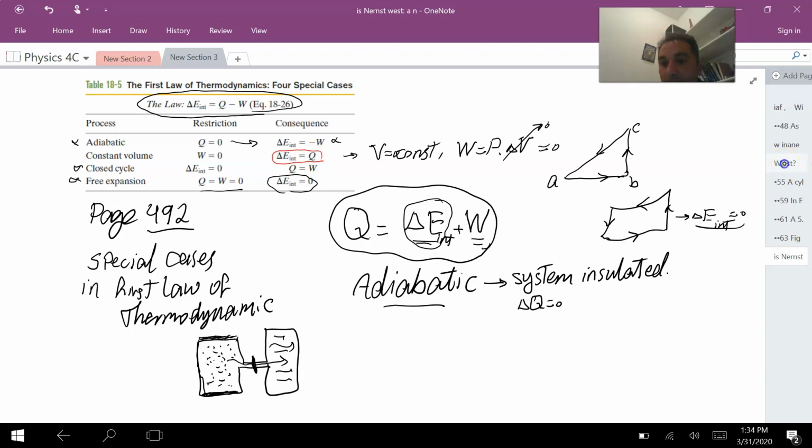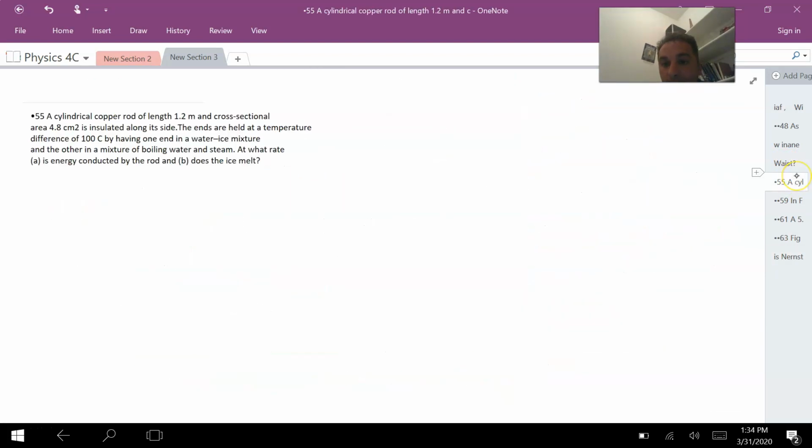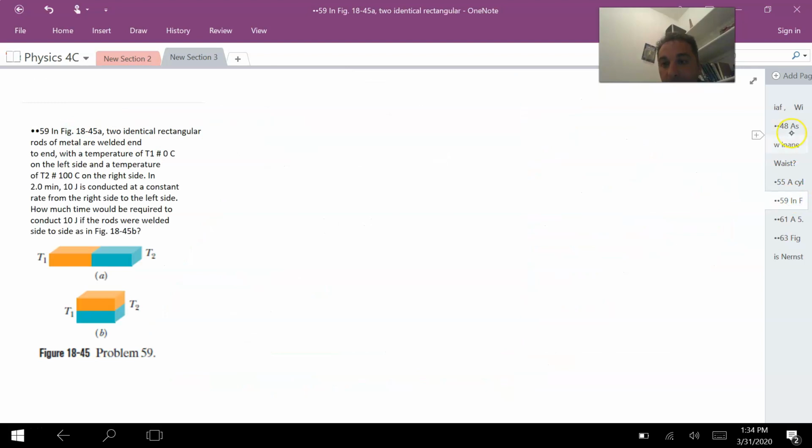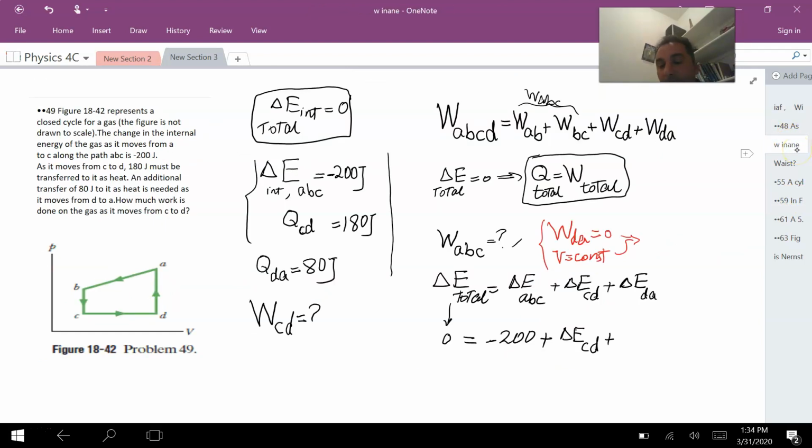Q. If volume is constant, work is 0. When work is 0, delta E is what? Minus Q. Correct? Because my equation is delta E is Q minus W. So if W becomes 0, sorry, this is positive.